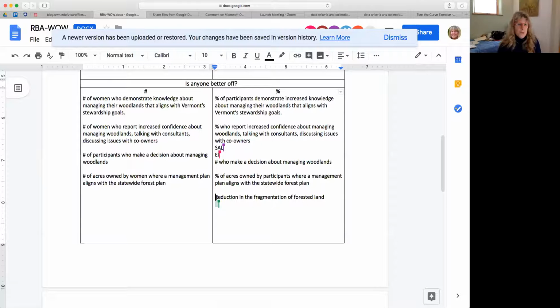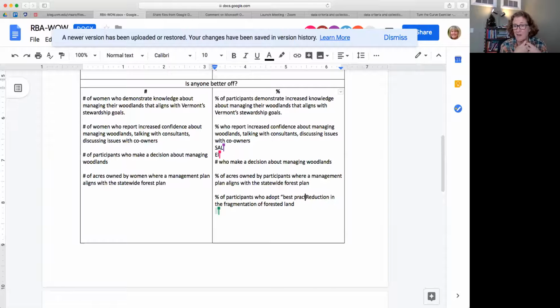It would be a percentage of people who make a choice that keeps their forested land intact, or something like that. So the percentage of participants who implement this best practice of forest management, right? So for everybody, note that there's a real difference between that population level and that performance level. This is where you start to have that conversation, and hopefully someone in your group is paying attention to that.